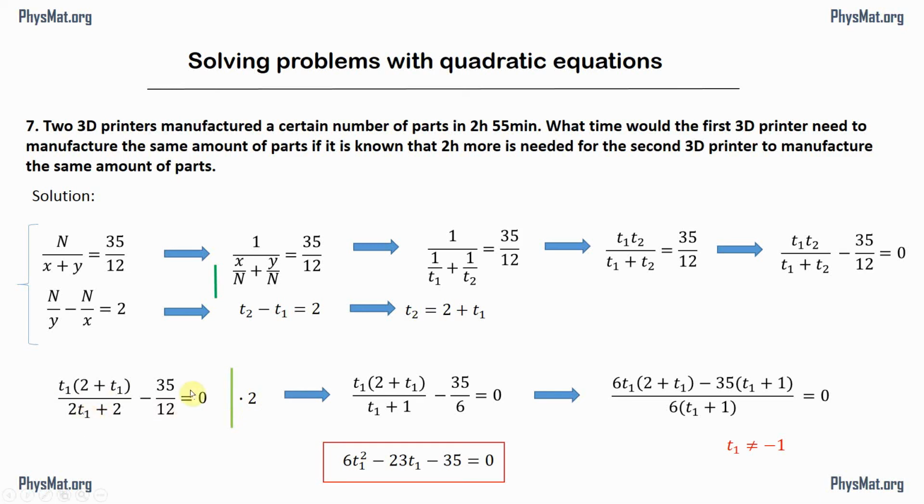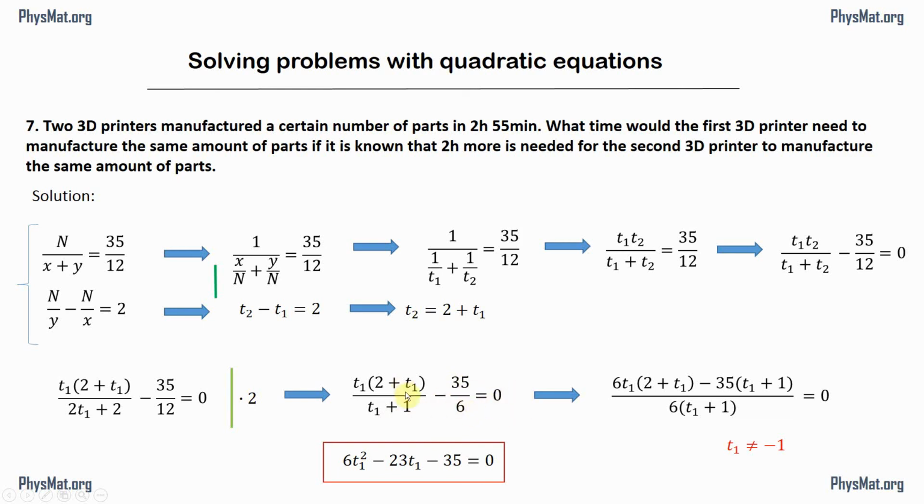So what we can do here to simplify it, first we spot that both our denominators are even, therefore we can multiply this equation by 2, and then it will be t1 times 2 plus t1 divided by t1 plus 1 minus 35 over 6 is equal to 0.